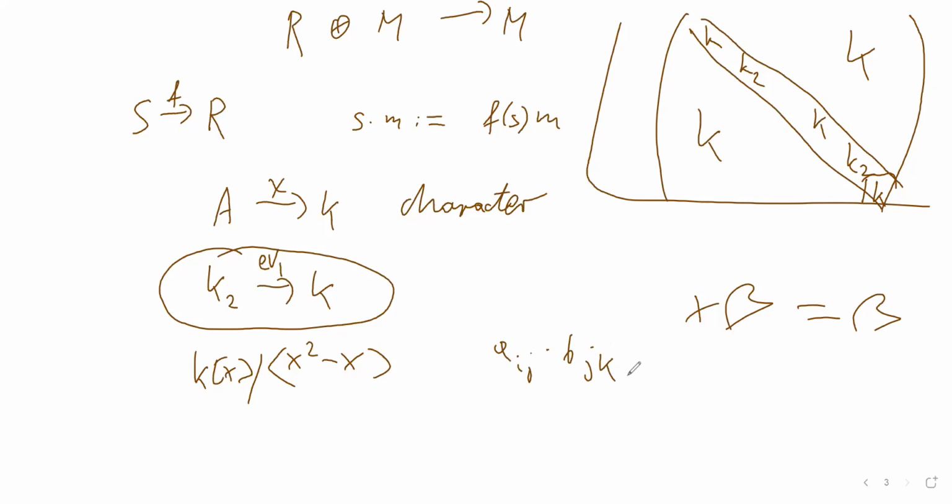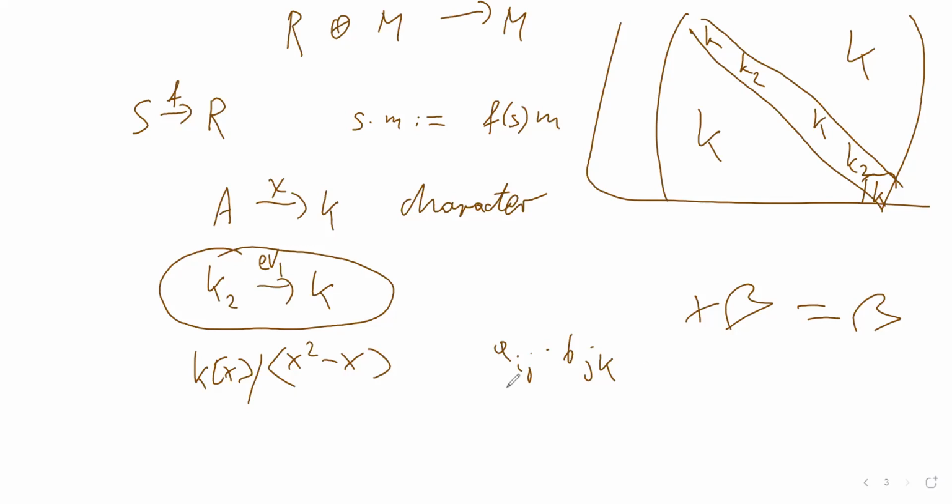So I'm taking a number, I multiply by a number, and I land, and surprise, surprise, I might land in the field, but I might also land in the ring K2. So I also have to specify what happens from multiplication of off diagonal entries. What I explained so far is what happens when one of these entries is diagonal. Okay. And if one of the entries is diagonal and it is at this diagonal slot where it is just a field, then nothing happens. I multiply in the usual way.